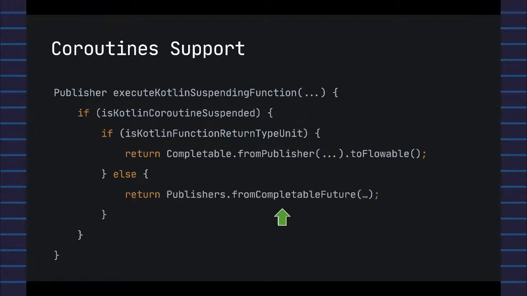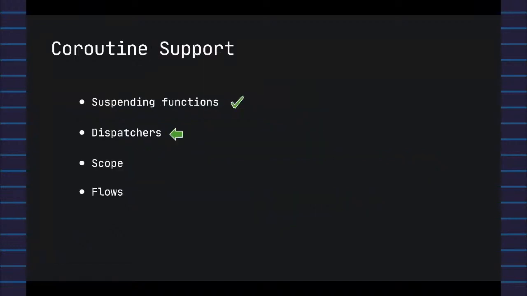Otherwise, it sets up a completable future. So this is the bridge that understands how to handle that suspending method in the core layer of the Micronaut architecture, and it sets up this flowable. That's how suspending methods are supported.